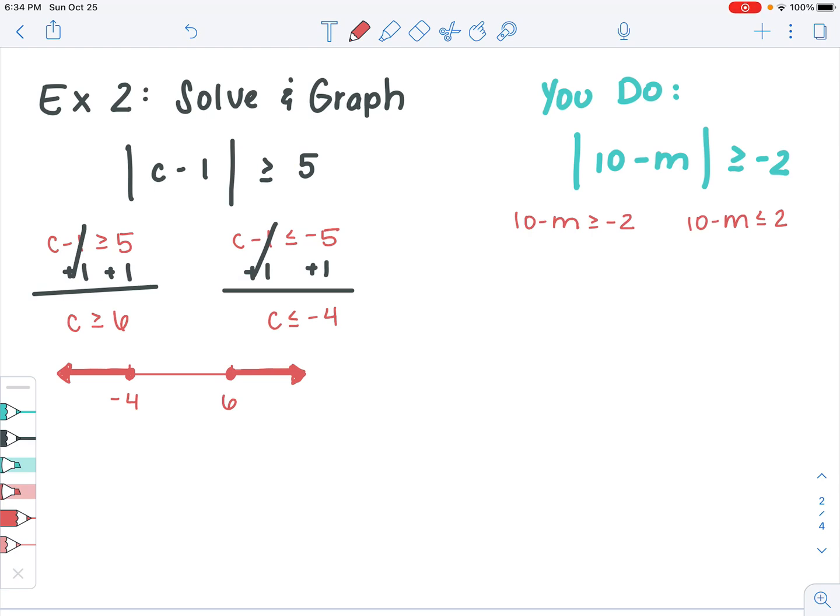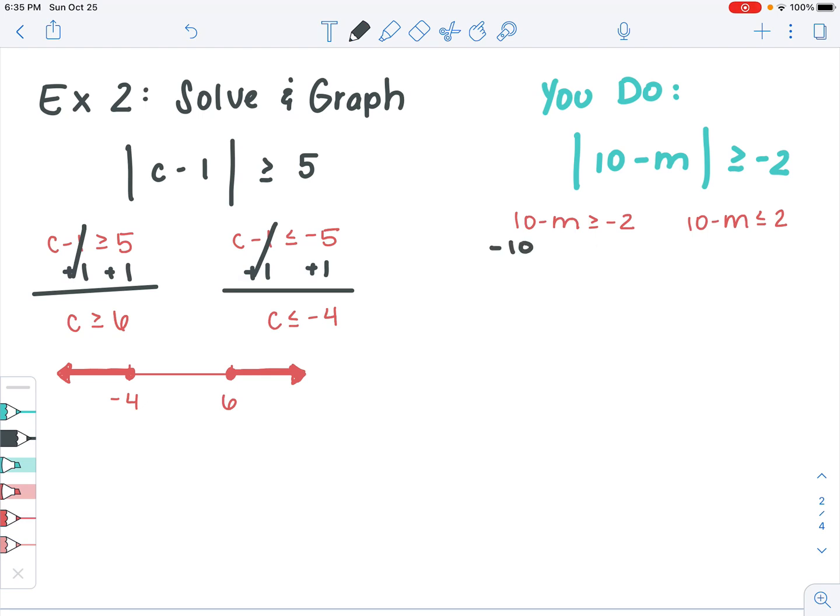So now, unlike absolute value equations, where they couldn't equal a negative number because absolute values always have to be positive, we can have absolute value inequalities that are farther than negative 2 spaces away from something. So it is okay for us to have solutions like this. So we're going to solve both of these, and we're going to say, okay, let's get rid of the 10 first.